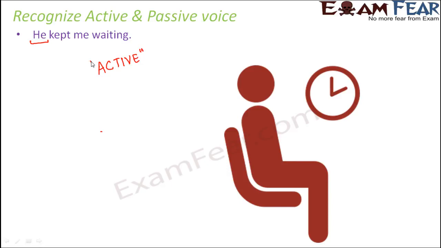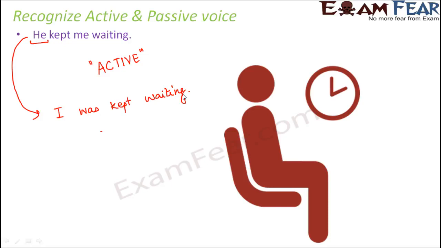Now for all those who have a confusion about why this is in active voice, let me try to convert the same sentence into passive voice. How would the same sentence look in passive voice? In passive voice we can write it like this: I was kept waiting.